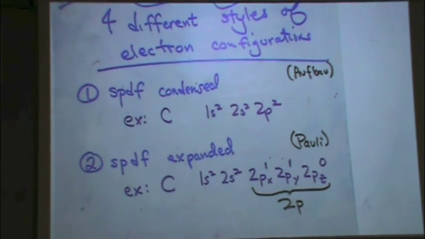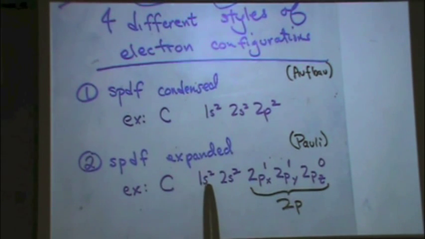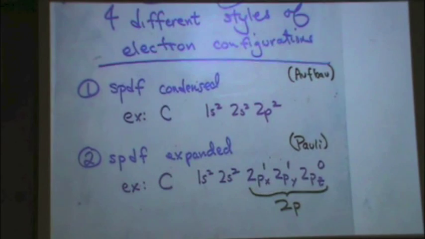Another way to say that is no 2 electrons have identical quantum numbers. That's another chemical way of saying it. Or another way to say that, one will be spin up, one will be spin down, but they're in the same spot. So for example, these two, one spin up and one spin down. These two also, one spin up, one spin down.